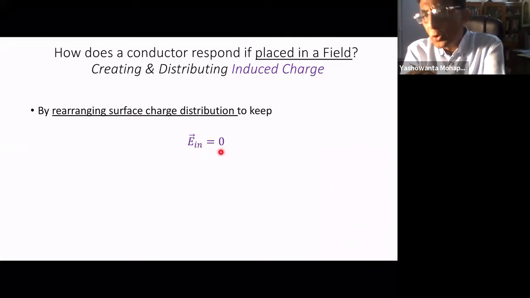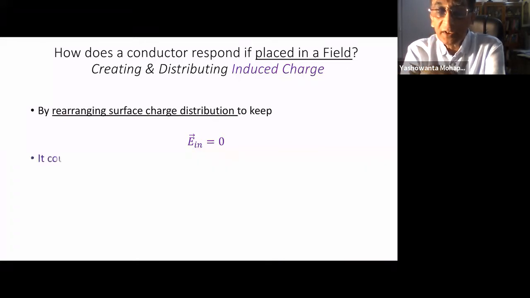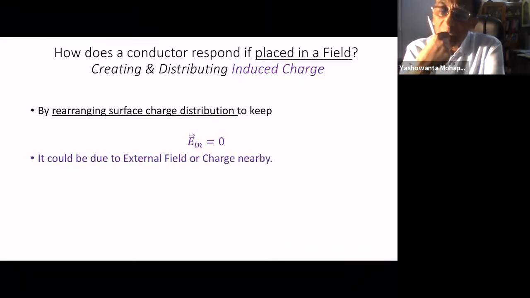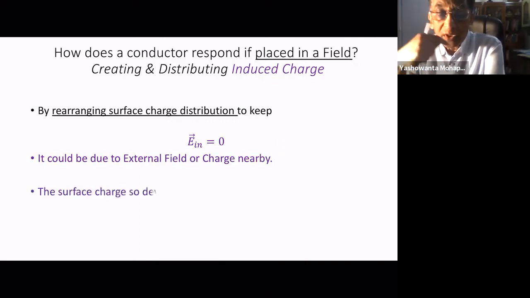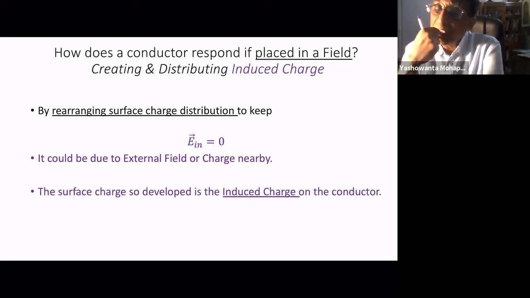So it immediately solves the electrostatic problem. Nature ensures that it is one of the minimum energy configurations, such that you rearrange the surface charge density of a conductor such that E inside is zero. And this could be due to an external field or another charge nearby. So the surface charge so developed, we call it the induced charge on the conductor.